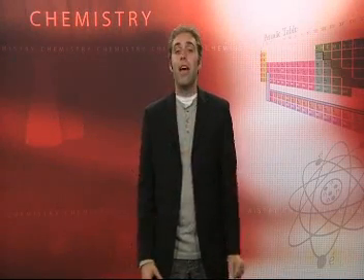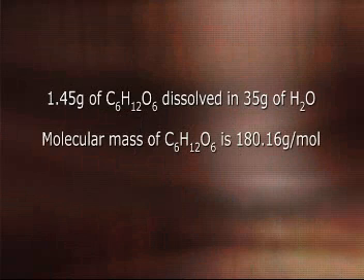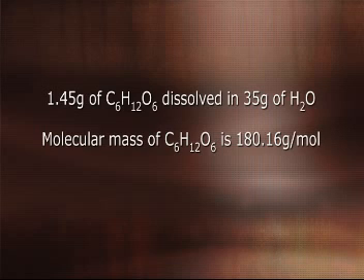Students, now we have worked through the process of determining molality together. You are ready to do it on your own. Calculate the molality of a solution prepared by dissolving 1.45 grams of glucose in 35 grams of water.